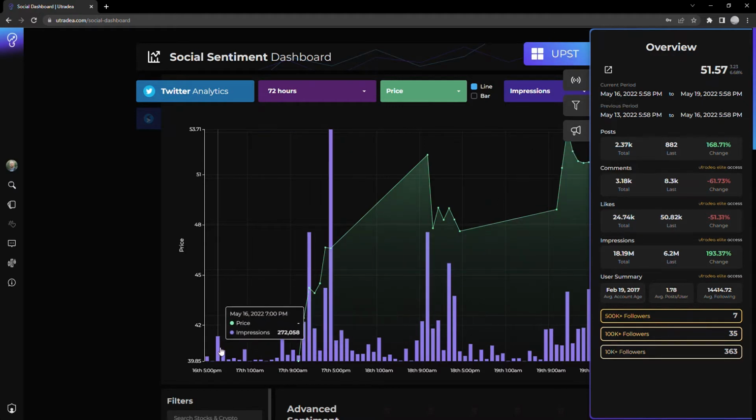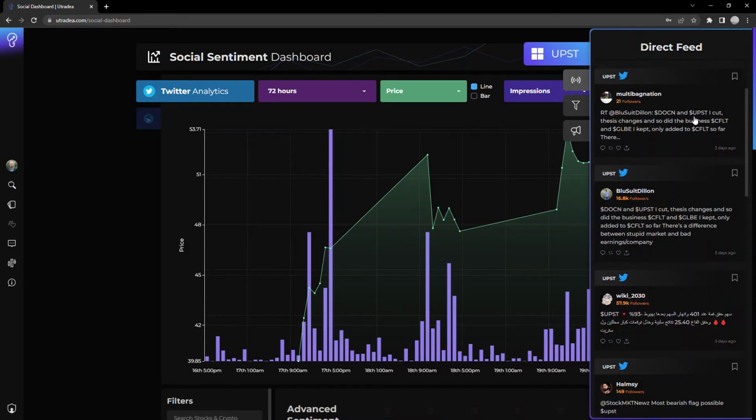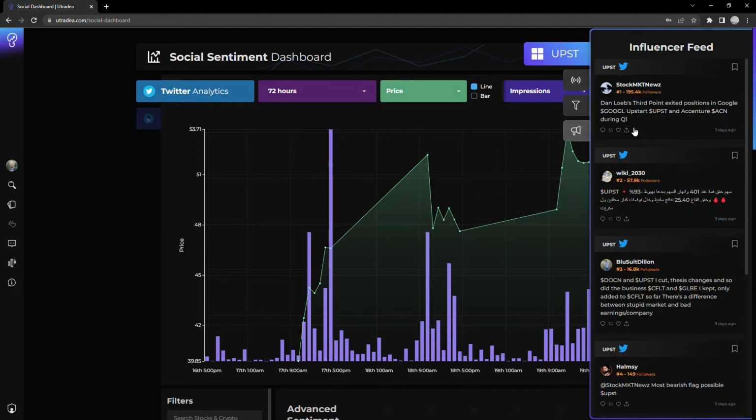What we can do is look at, now there's two main filters I like to use. First is the direct feed. This is a real-time feed of what people are saying on Twitter about UPST. So if they have it as a hashtag, it picks it up, gives us that real-time feed. But the other super useful one is the influencer feed.